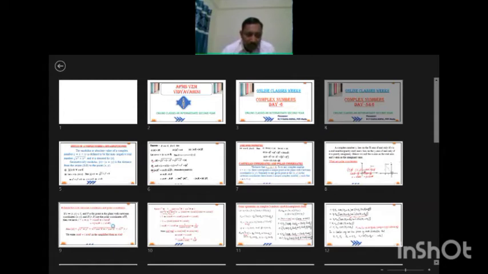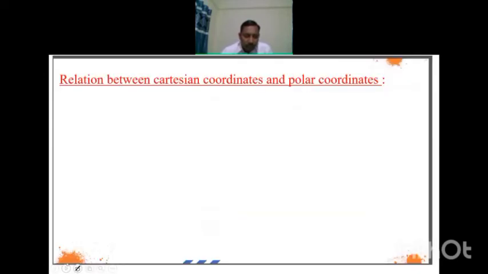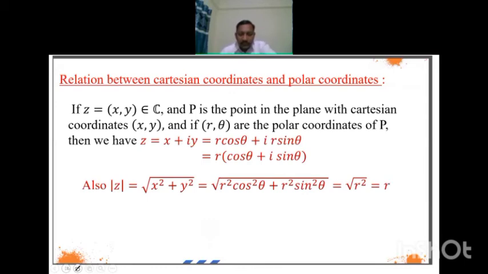It is the relation between Cartesian coordinates and polar coordinates. We have seen that the relation between Cartesian coordinates and polar coordinates is given by z equals r cos theta plus r into I sin theta. Whenever Cartesian coordinates are given, we can write them as polar coordinates. X, y is the Cartesian coordinate and r, theta is the corresponding polar coordinate.